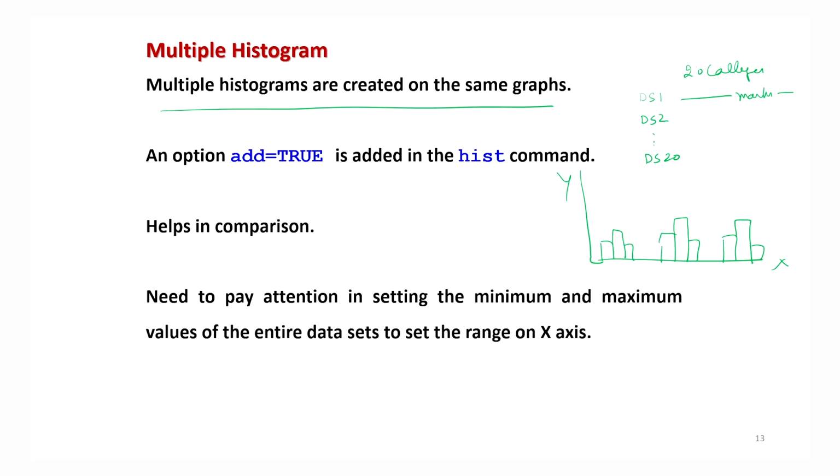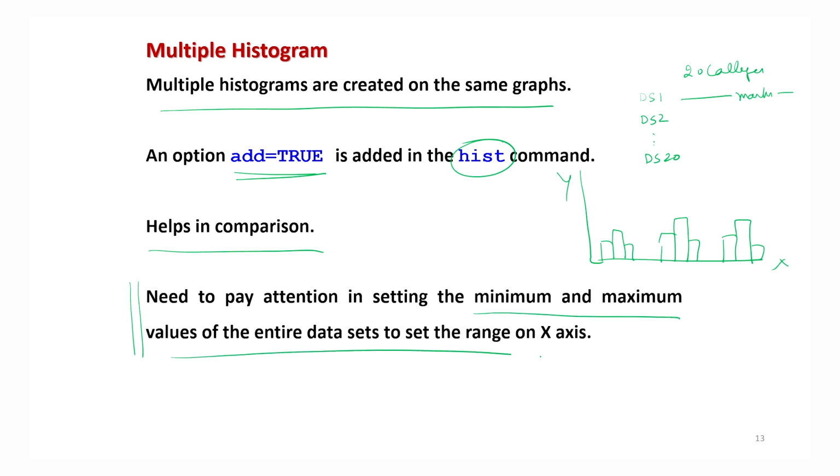So, what we have to do? We have to use the same command hist, but I have to add an option, add is equal to TRUE, that is, ADD all in lowercase alphabet, is equal to true, and this helps in comparison. The point where you have to be careful and pay your attention is when you are trying to set the minimum and maximum values of the entire data sets to set the range on the x-axis, right. Because I have taken this example in which the marks are given out of 100.